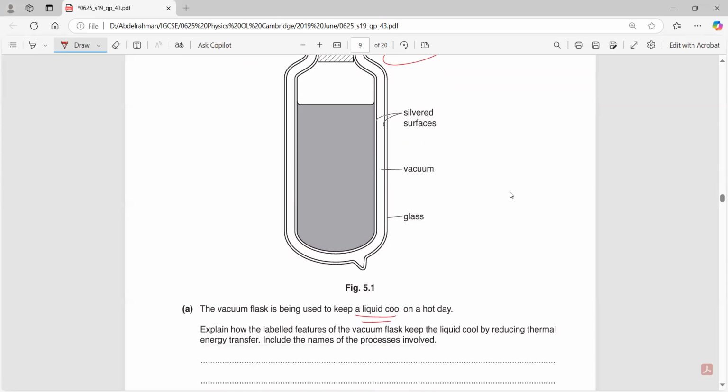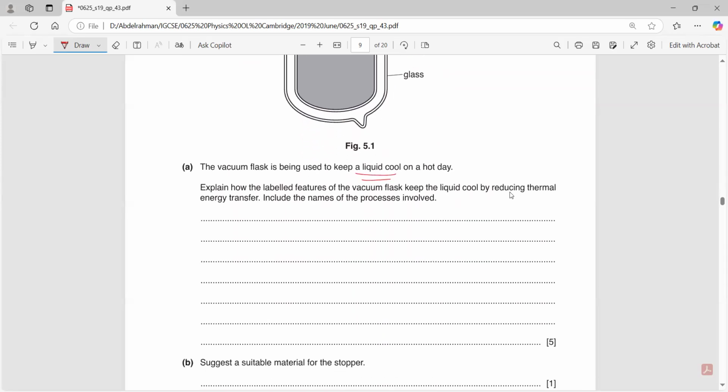What does it prevent, or what does it reduce? The stopper reduces the heat loss by convection.